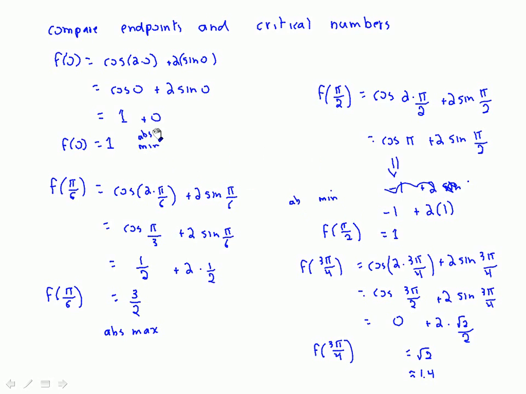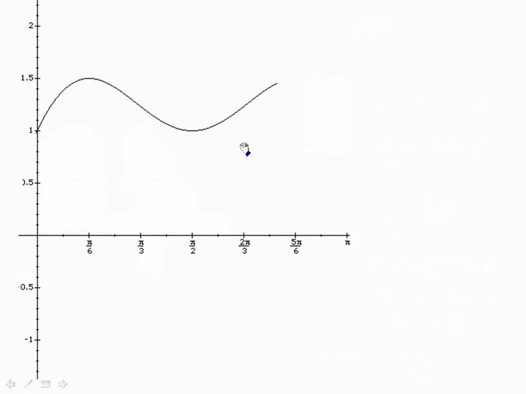So let's take a look at the graph, and then we can see that even by inspection this is supported. The absolute max is 3 over 2 at x equal pi over 6. Very apparent from this graph.